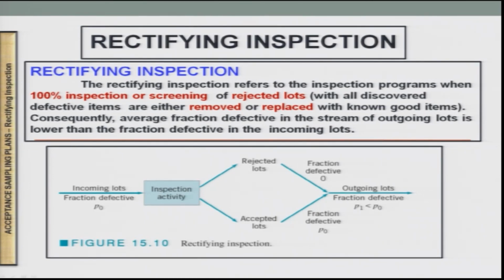If rejected lots are there, you will try to replace them. For accepted lots, the fraction defective continues to be PA, and for rejected lots, you replace them and continue along that. So, the outgoing lot fraction defective P1 would be less than P0, and if you follow this policy again, a different set of such flows would be there, where you will have a P2 value. P2 value would definitely be less than P1.